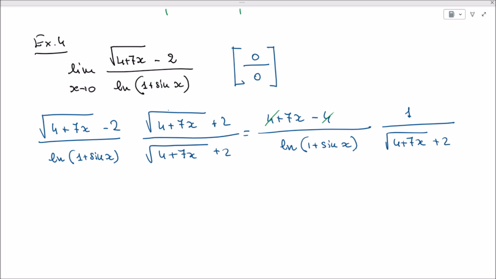Okay, so now we can recognize sine of x as a function that goes to 0. So one possibility would be, in the first fraction, we can leave the logarithm of 1 plus sine of x, and then we can multiply and divide by sine of x.